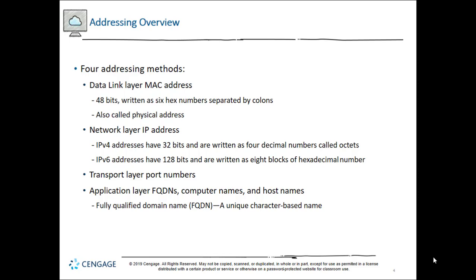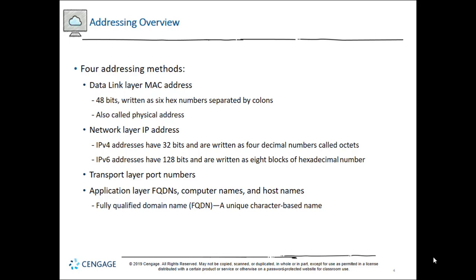If we go back to the data link layer, the layer in which our switches actually operate, switches themselves utilize the MAC address. The MAC address is that address that is burned into every single network interface card. It's a 48-bit hexadecimal address. It's represented in groups of hexadecimal numbers, typically separated by colons.